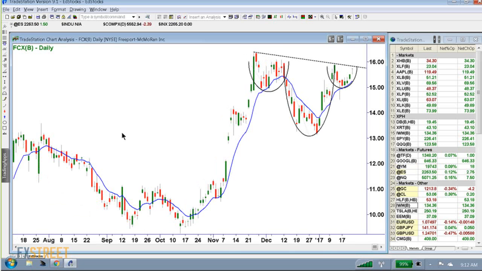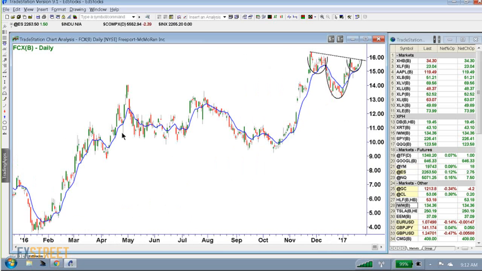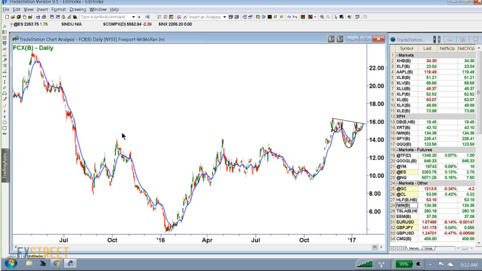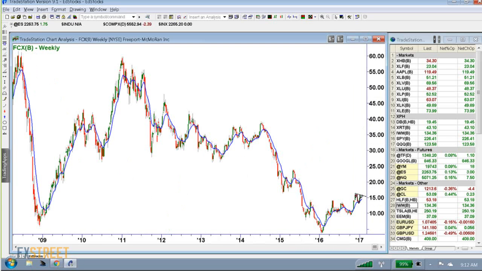Let's look at it from a longer term perspective. First of all, it certainly was a lot higher back in 2015. And I'll make it a weekly chart and tell you that it was much, much higher still back in 2011.